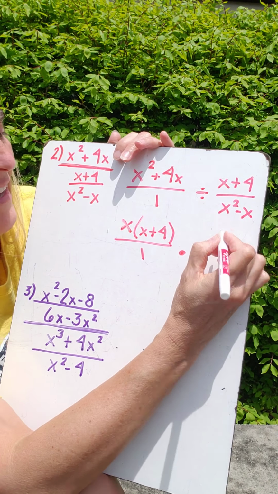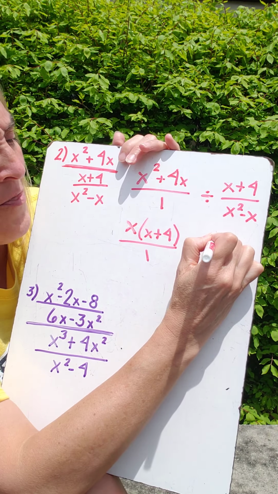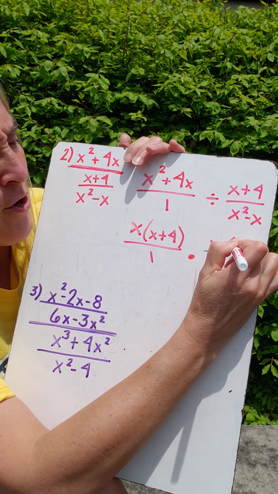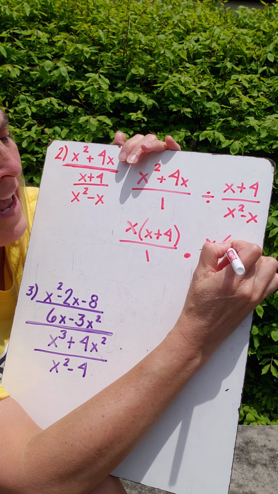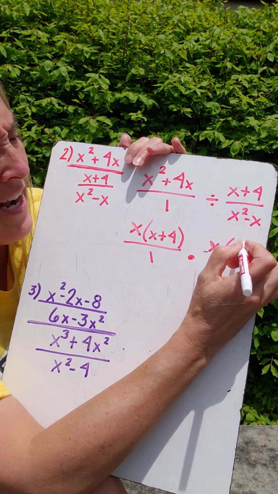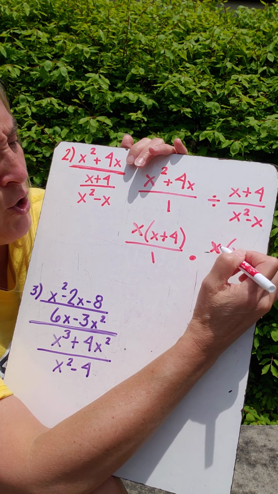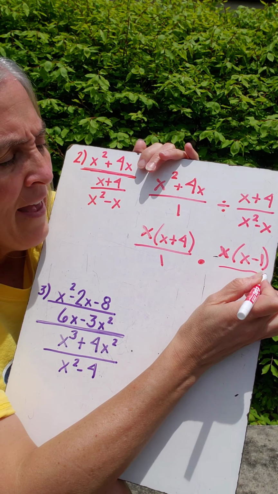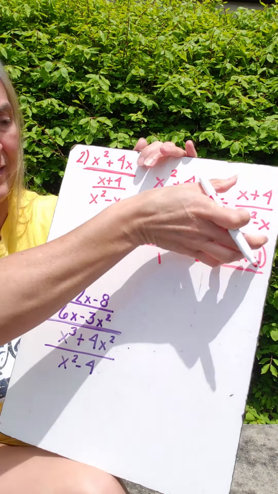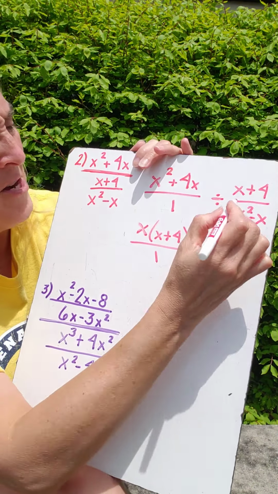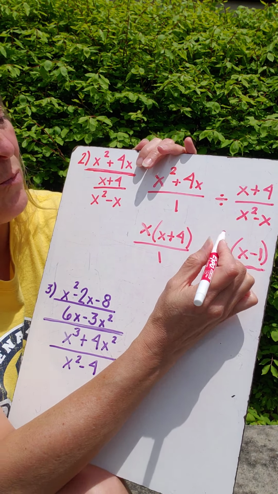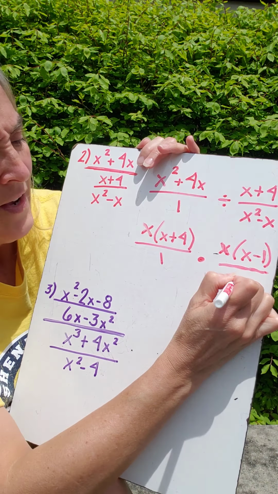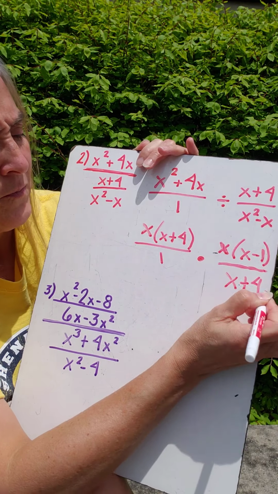When you flip this, you're going to factor out that x, and you're going to be left with, if you take out an x from the x squared, you still have an x, minus if you took the x from the x, you just have a 1 there. And that's going to be divided by, because I flipped this to change this to a multiplication, you multiply by the reciprocal, x plus 4.